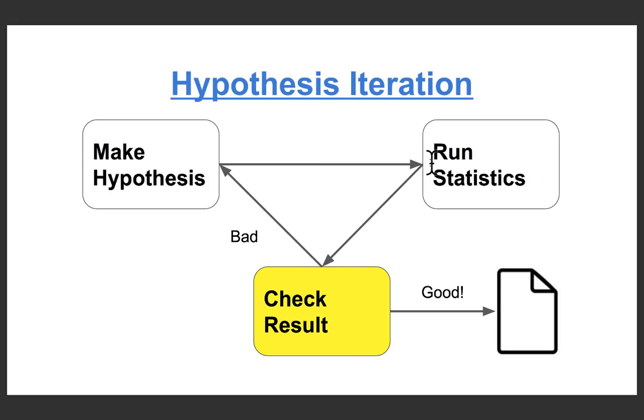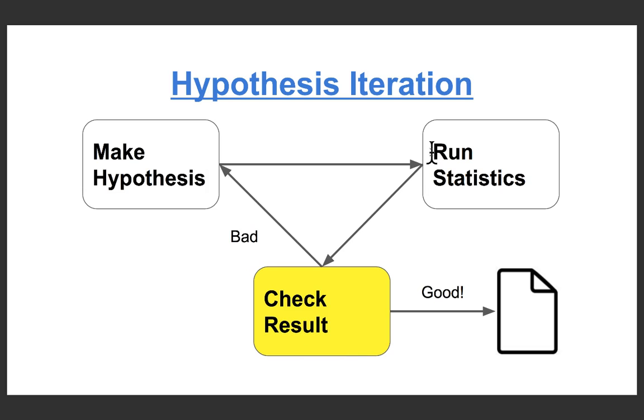Then researchers need to check the result. If the result is not ideal, they will make another hypothesis. Type another code again, run it, and get the result.